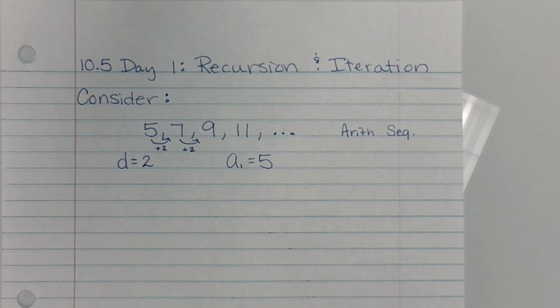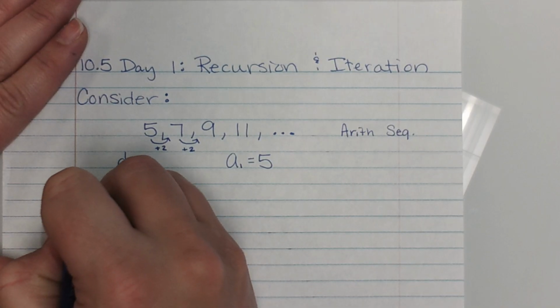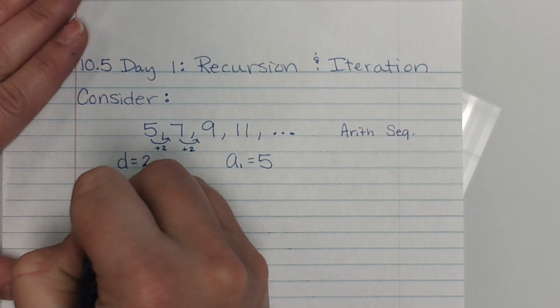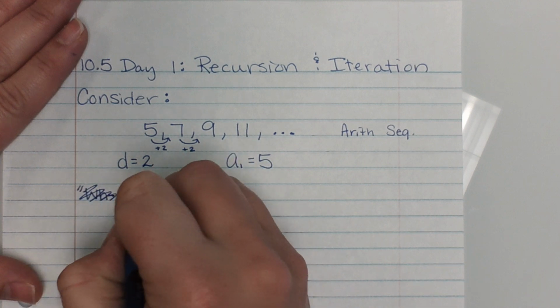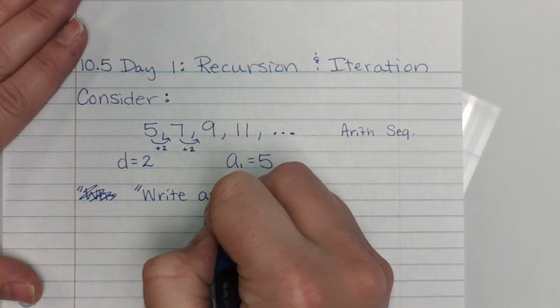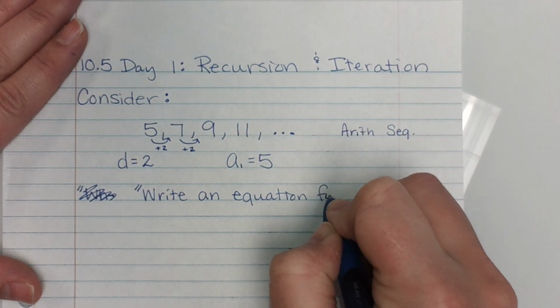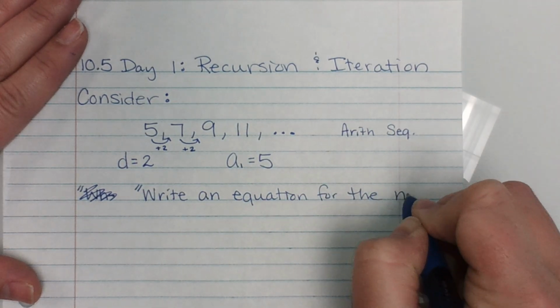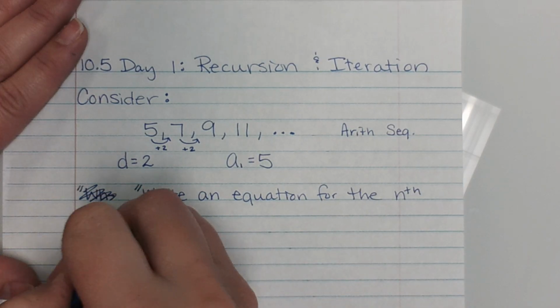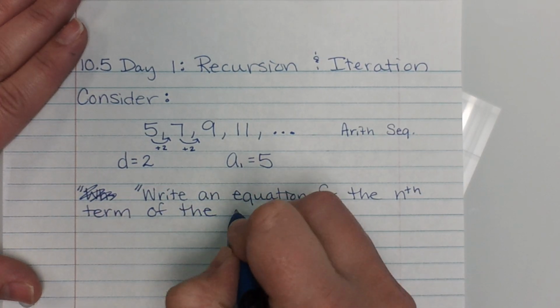These important pieces of information allow us to do things like, wow, I can spell, don't mind me, write an equation for the nth term of the sequence.